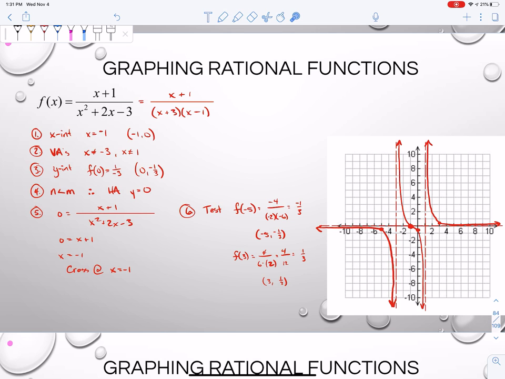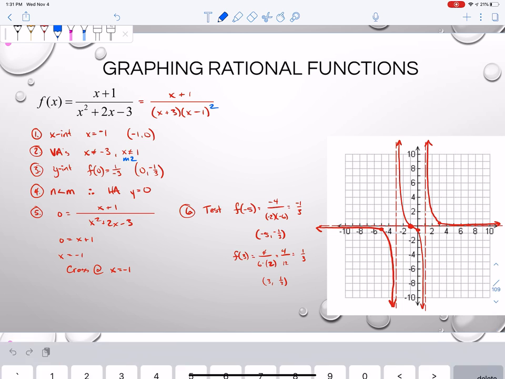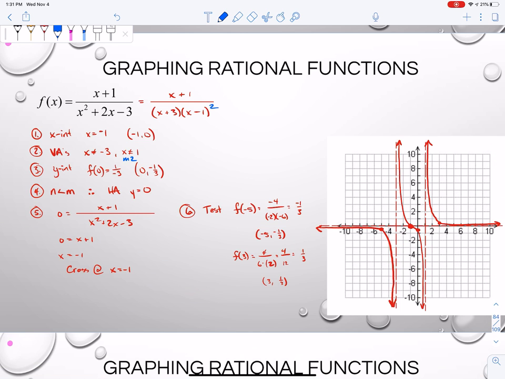If, however, let's say that the x minus 1 factor occurred twice, then the x equals 1 asymptote is going to occur twice. And then what we would have had is tails on the same side, both at negative infinity or both at positive infinity, when that asymptote occurs an even number of times.